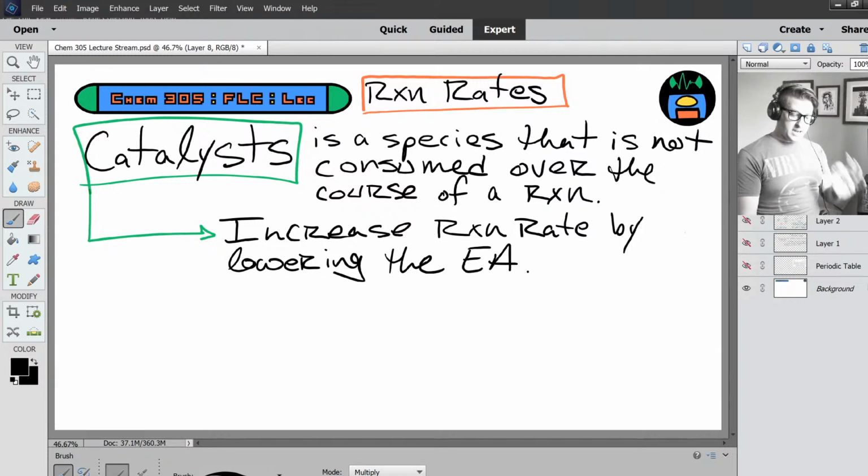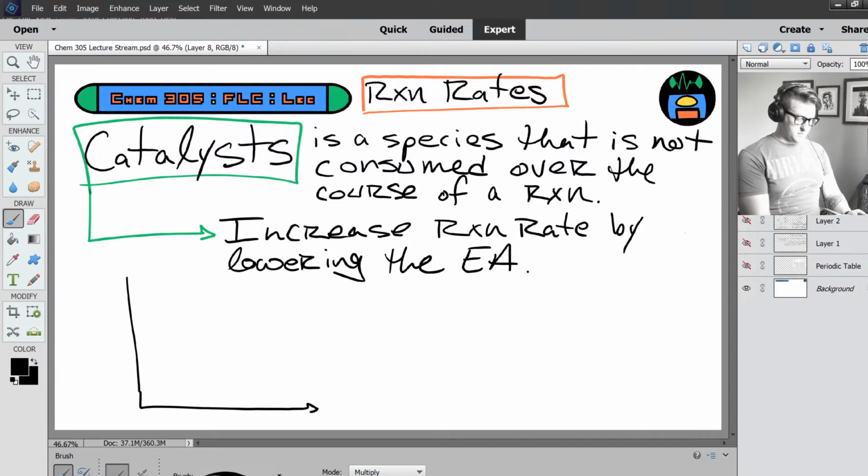All right, they increase reaction rates by lowering the activation energy. So, for example, let's look at a reaction coordinate diagram.